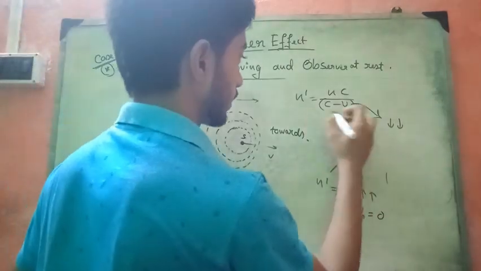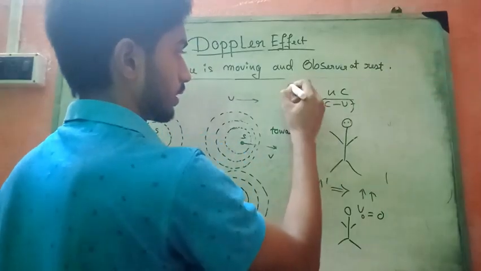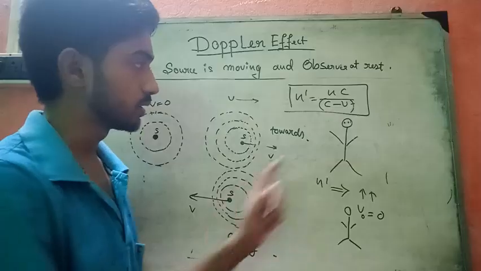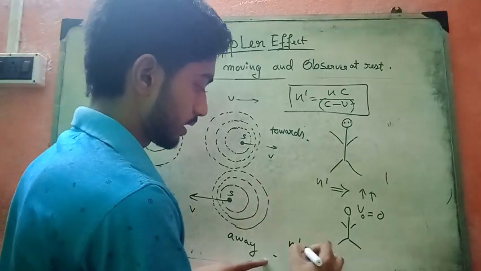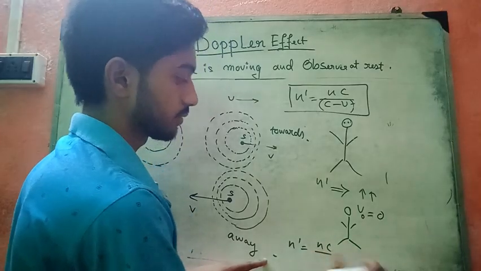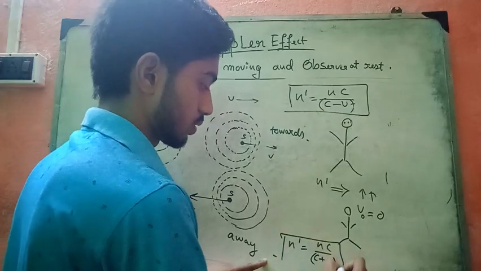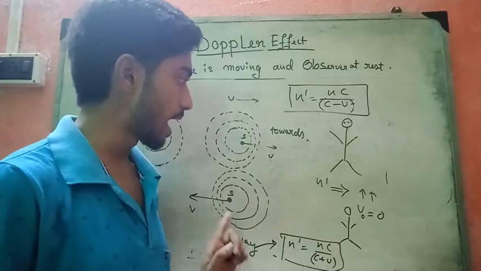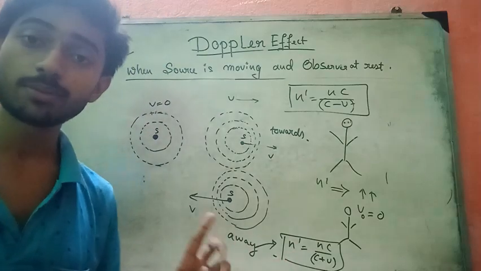Then in this case the frequency is this, and when the source is away from the observer, the velocity is added. So when it is away from the observer, n dash equals n into c by c plus v.